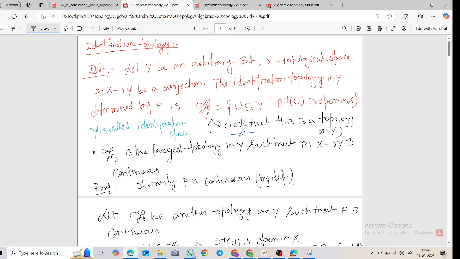You are solving Armstrong, and in a few months you will be moving on to Hatcher. So don't expect me to check whether something is a topology or not in the class. Check that this is a topology on Y. F_P is the largest topology on Y such that P from X to Y is continuous. So this is the proof of it.